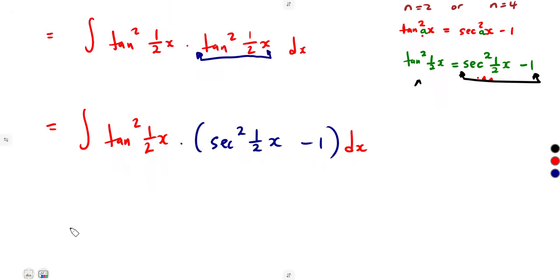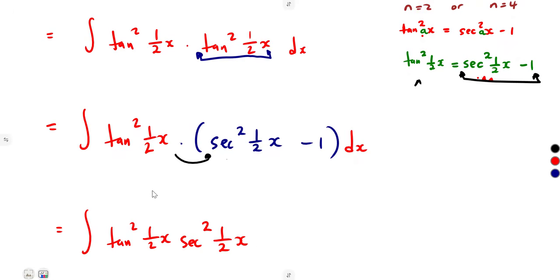Let us expand our brackets. So this is going to be the integral, distribute throughout the bracket. So tan squared is going to multiply the sec squared. So that's going to be tan squared half of x, sec squared half of x.